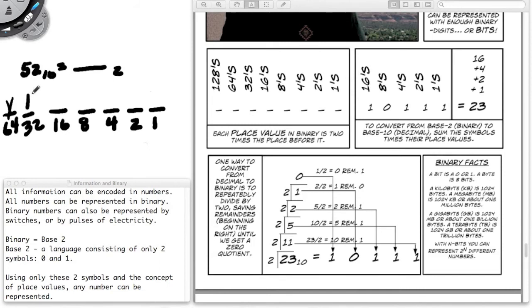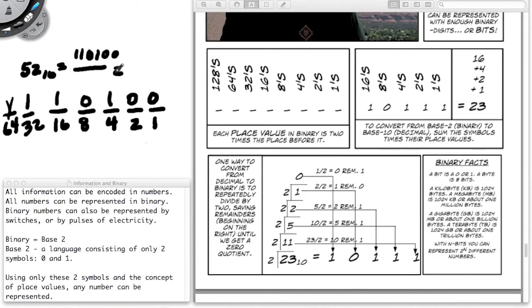There's a 32 in 52, and when we subtract that out, we're left with 20. So we've got to represent 20. There's a 16 in 20, which leaves us with 4. So 32 and 16 is 48. That's 52. These other ones are just zeros. So 52 is 1, 1, 0, 1, 0, 0, base 2. That's how you convert from decimal to binary.